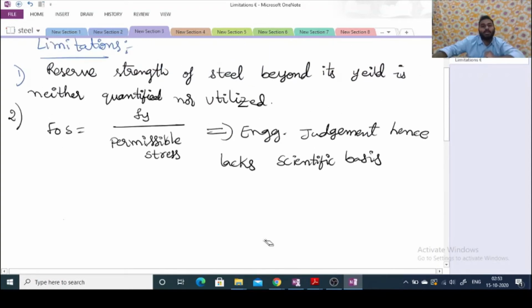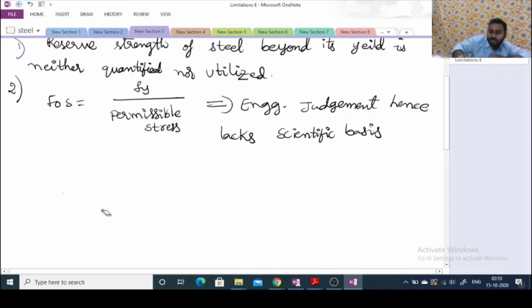So these are the two limitations we have discussed so far. Now the third limitation here is failure mode. Failure mode in the working stress method is not visualized.